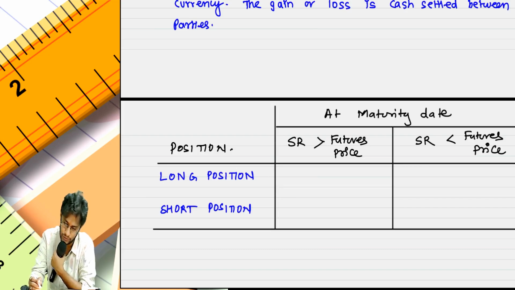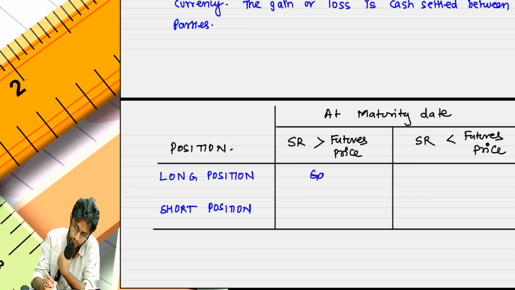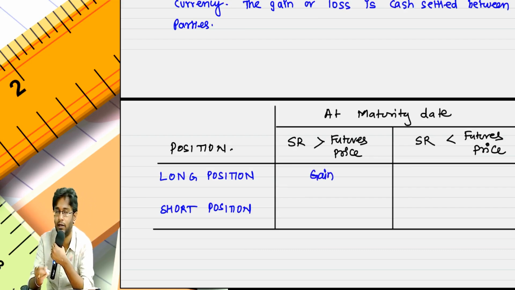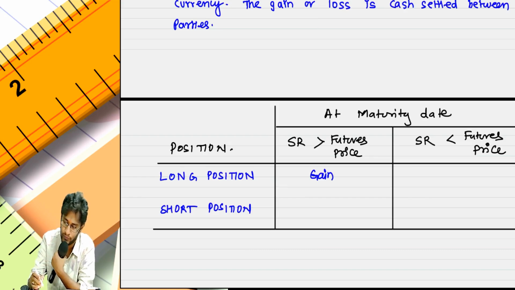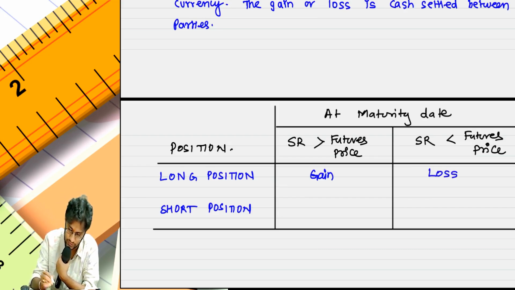If you have taken a long position, you have agreed to buy at the futures price, but if the market rate is higher than that, this will definitely give you a gain, and that gain is an inflow, you will receive money. If the spot rate is lower, you agreed to buy at a higher rate, so you will suffer a loss.